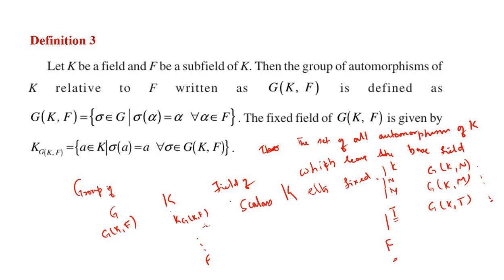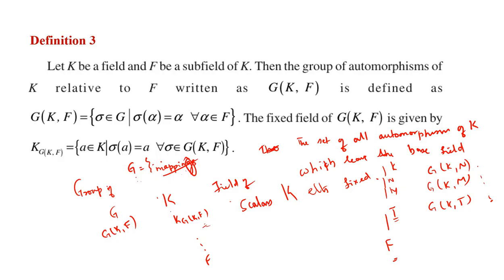What you must have is a clear picture. I said already that whenever you start with G, it means the collection of automorphisms of K. Basically they are mappings. So whenever you have G, it is mappings, and then the notation will be G, G(K/F), G(K/T) and so on.